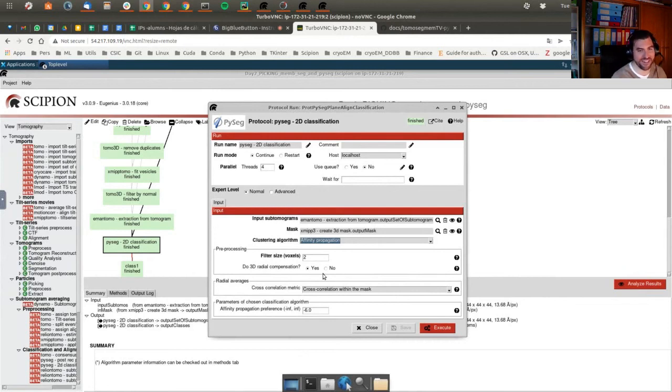Oh, we are close to the end. Yeah, it is 2D classification because you are rotating around an axis. You are making a rotational average, and the result of that operation is an image. It's a 2D image, by definition.